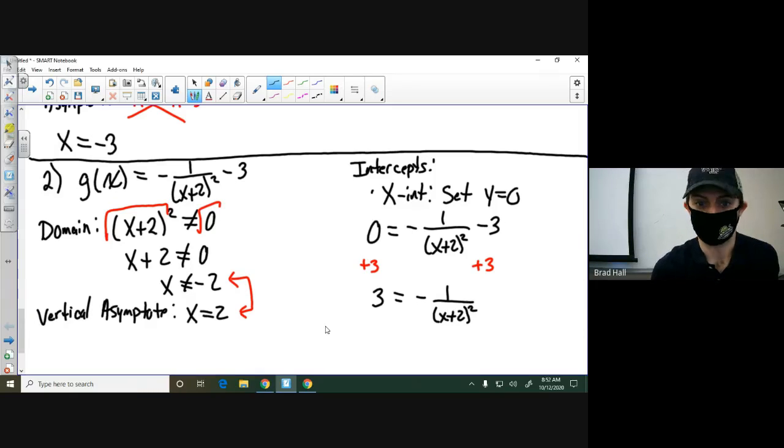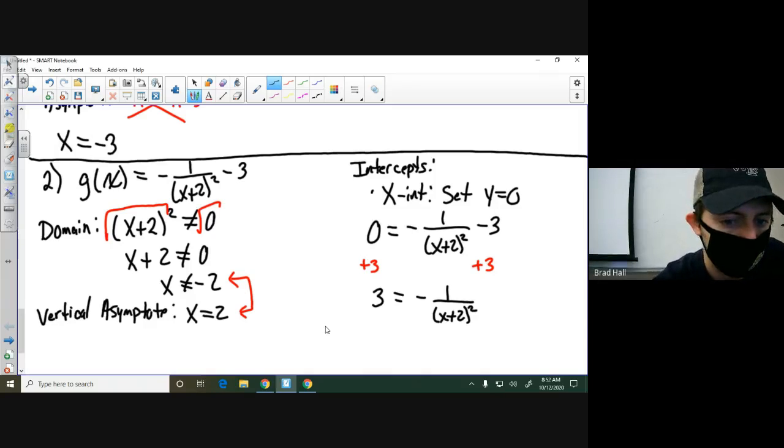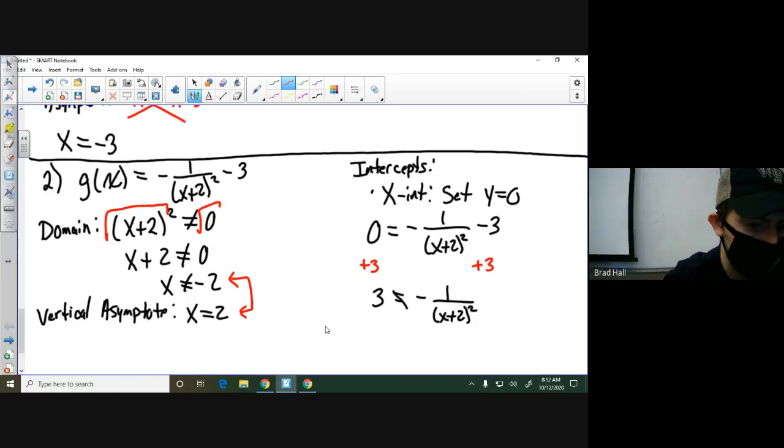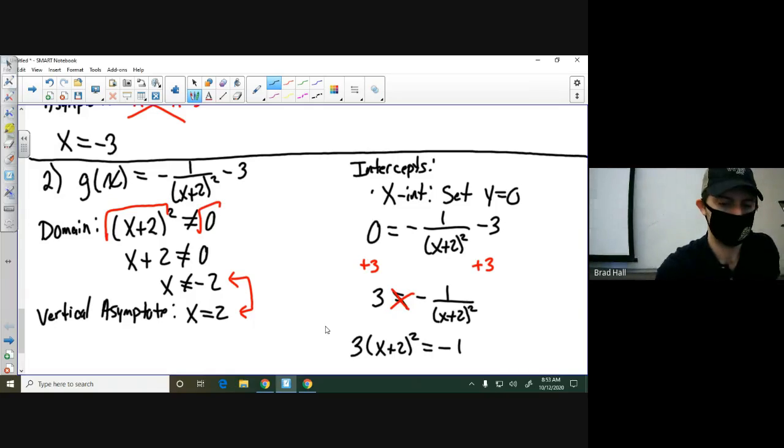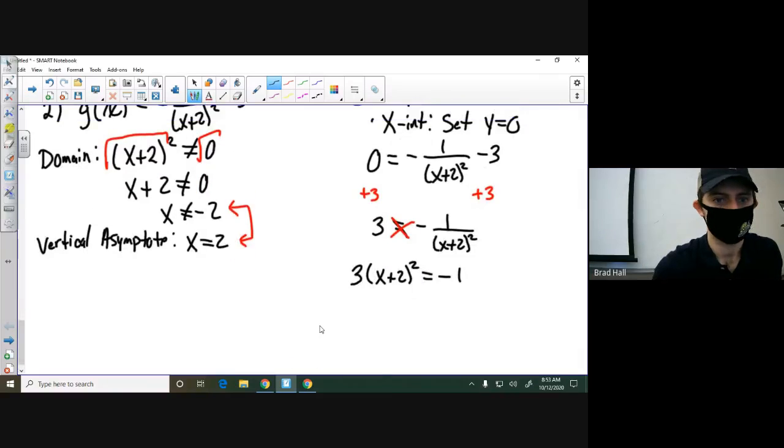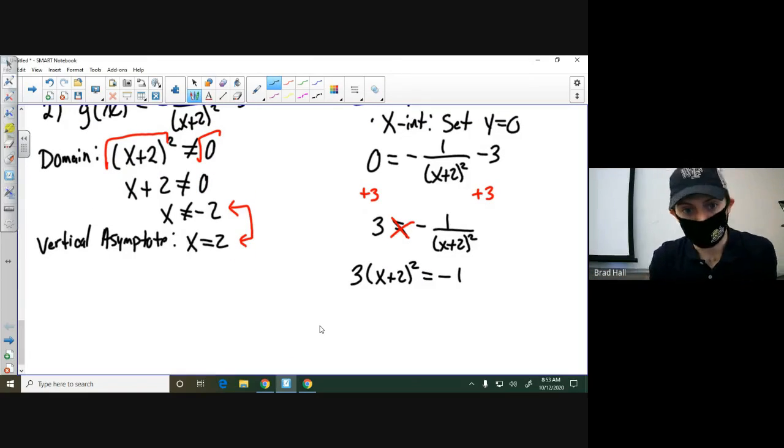And now we can cross multiply or multiply both sides by (x plus 2) squared. It doesn't matter. So this would be 3 times (x plus 2) squared is equal to negative 1, which means you would have to FOIL.